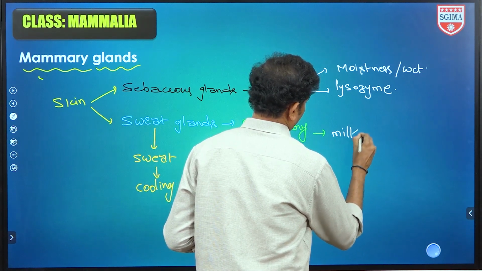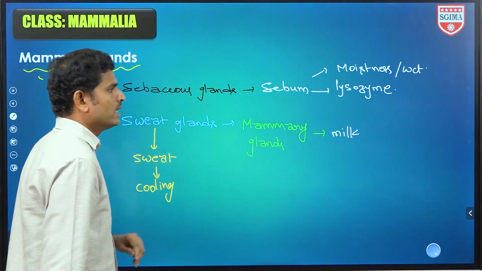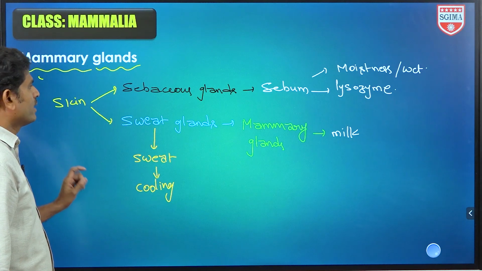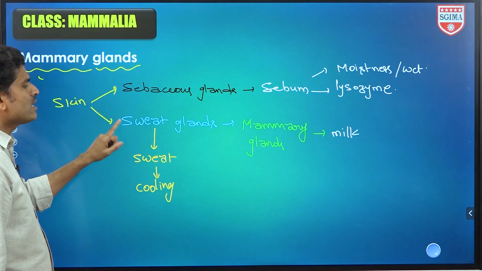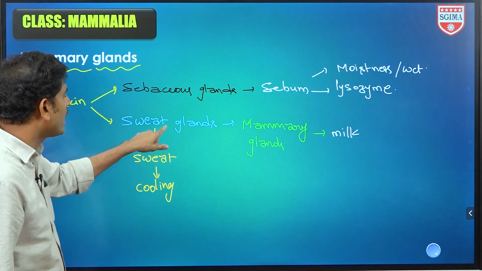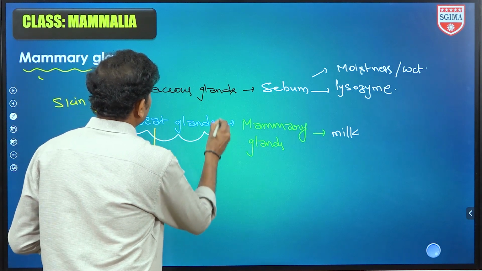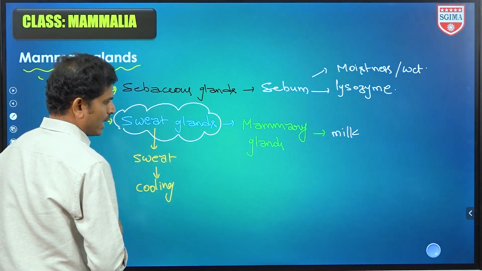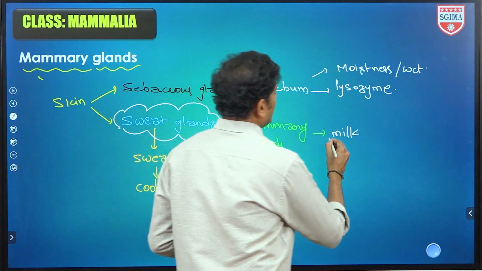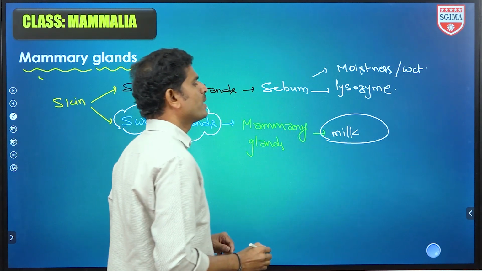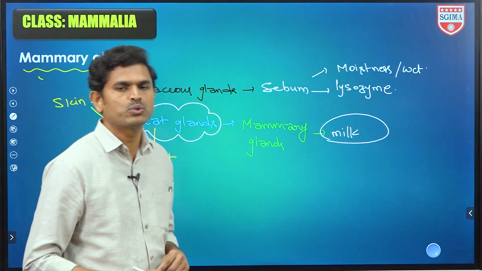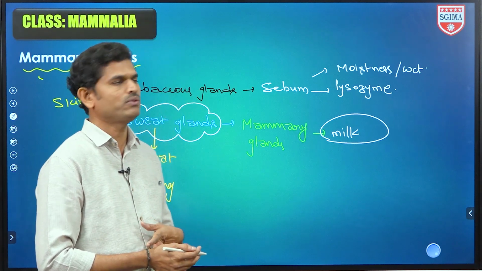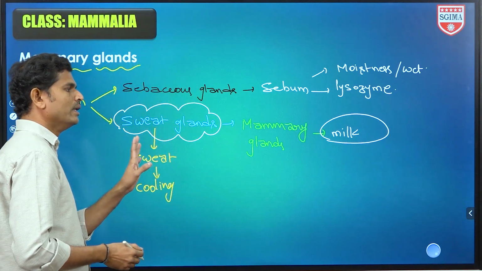So this is the history of mammary glands. Finally, what we can understand is that mammary glands are modified sweat glands only. From these mammary glands, a white fluid known as milk helps to bring up the young ones. You have to remember this point, must and should.